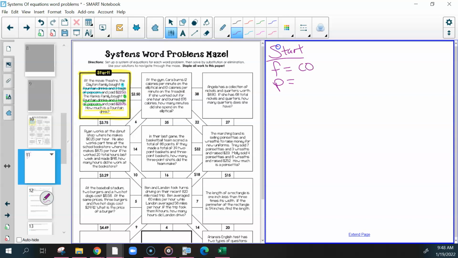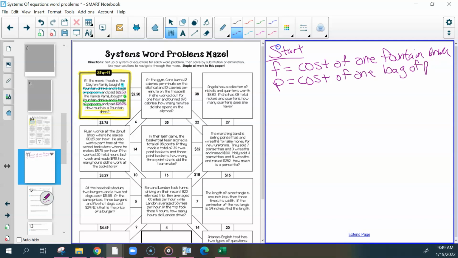So this is going to be the cost of 1 fountain drink, and the cost of a bag of popcorn. In all of these, if you are not given variables, you need to define them.